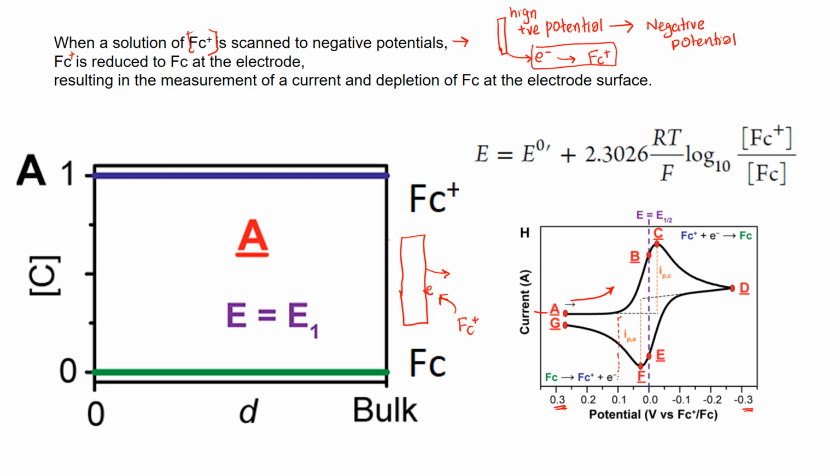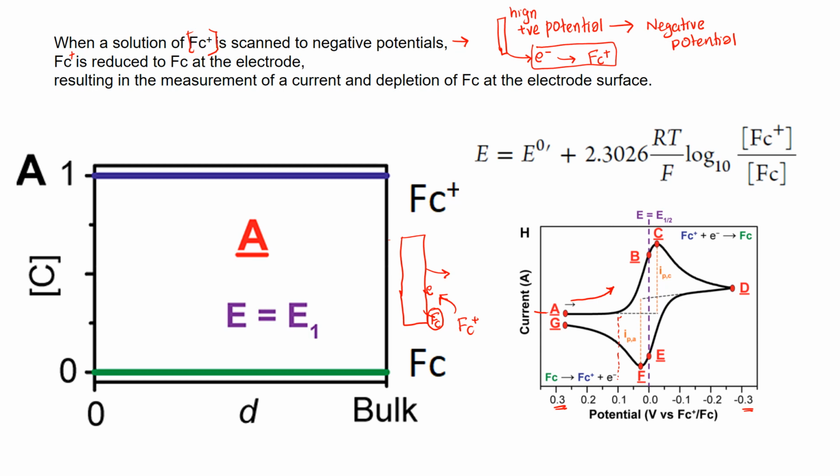So Fc plus in the electrolyte needs to move towards this electron so that it gets accepted, and it will become Fc, and on becoming Fc it will stay on the electrode.